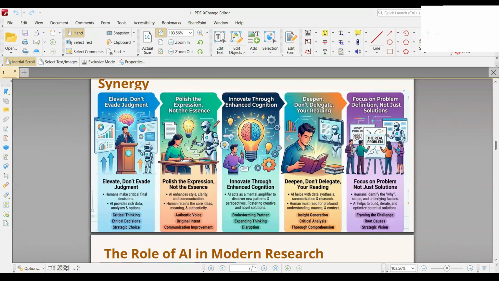This principle urges humans to slow down and focus on identifying the underlying wider scope and the root causes of an issue. Once the challenge is accurately framed, AI can then be leveraged to build, iterate, and optimize potential solutions more effectively.